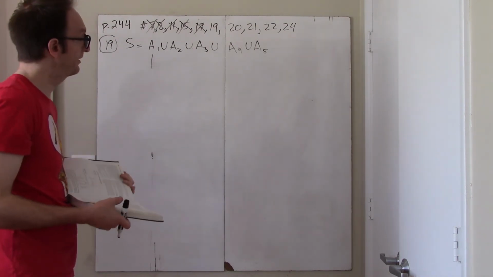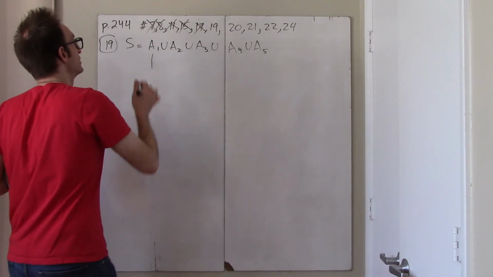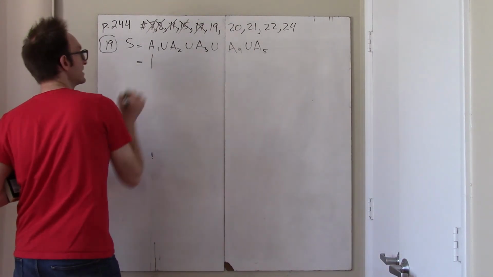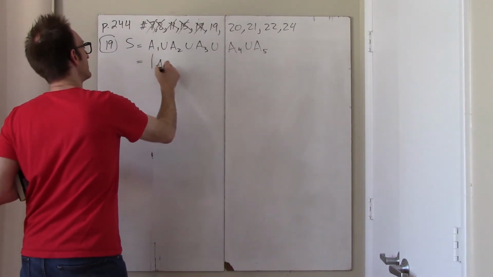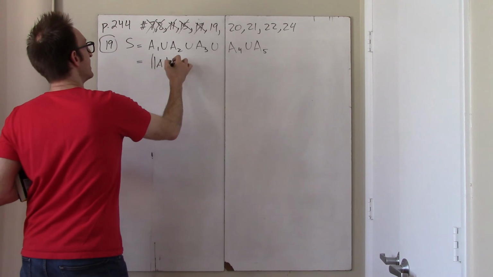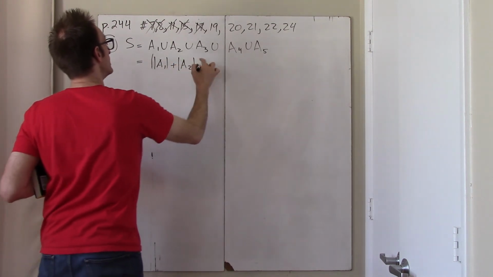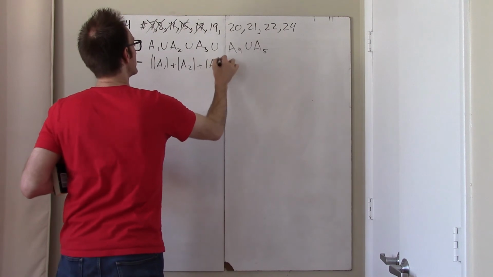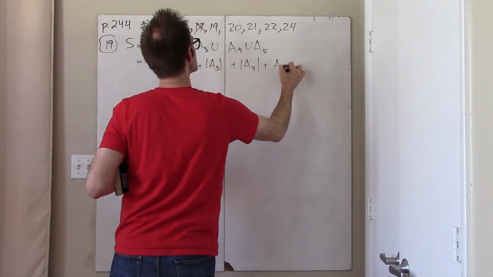Okay, I really don't know exactly what they're talking about here, unless what they want me to do is just tediously write out all the number of elements in set 1, plus the number of elements in set 2, plus set 3, plus set 4, plus set 5.